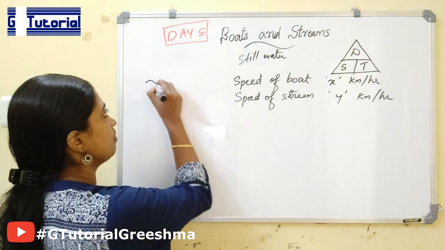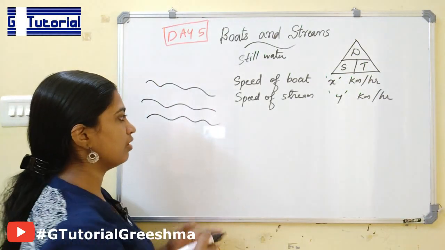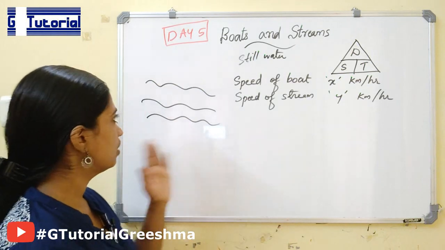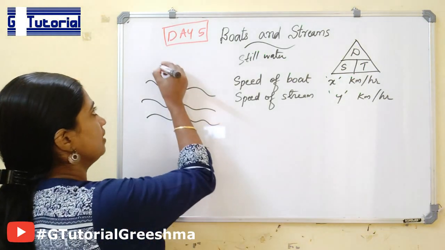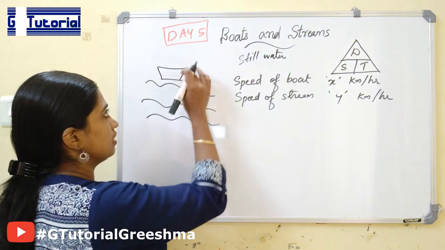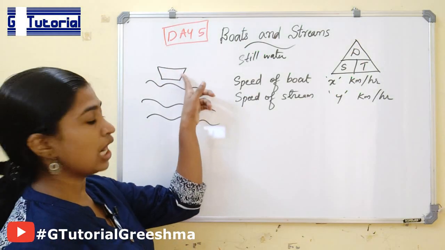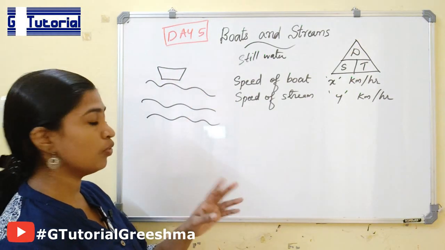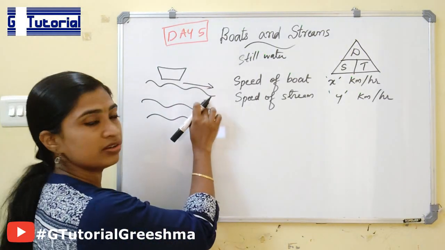One is upstream and the other one is downstream. If the water in the river is moving with a speed y kilometer per hour, then let us see how the boat is moving. The boat can move in two ways. One, along the direction of flow of water in the stream.